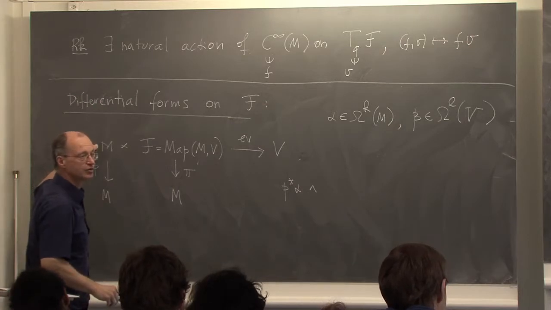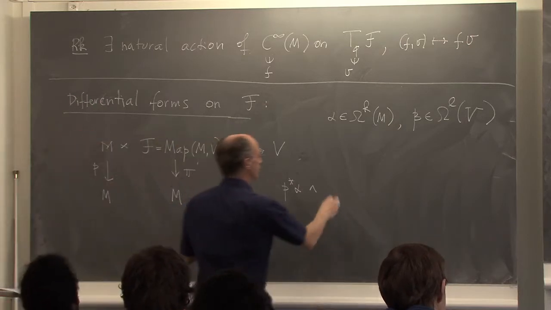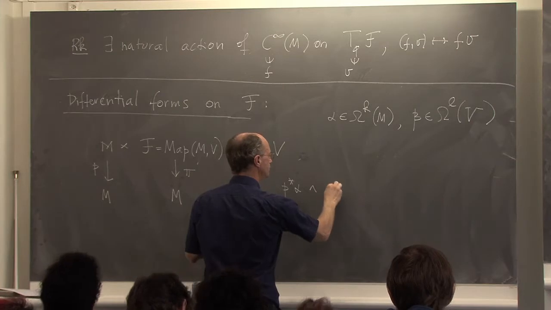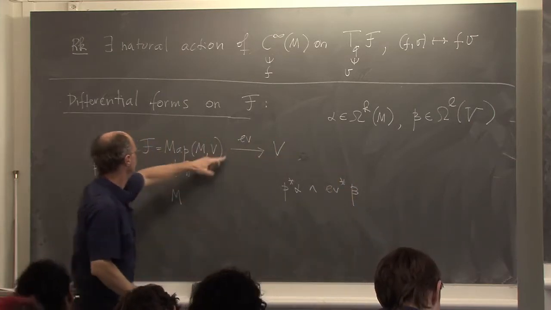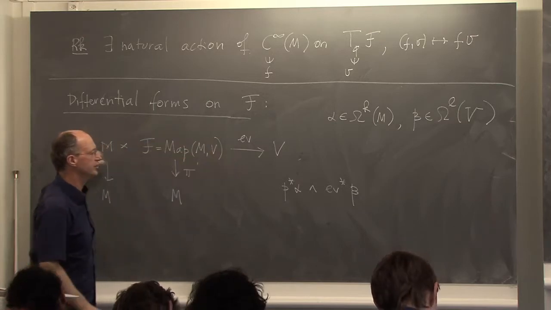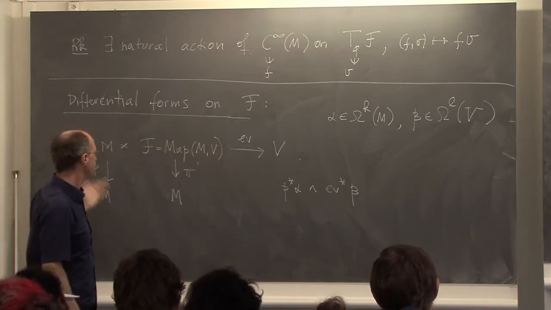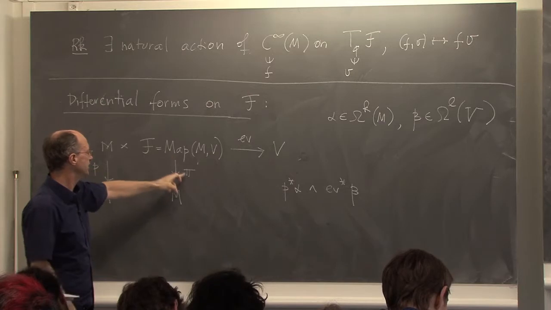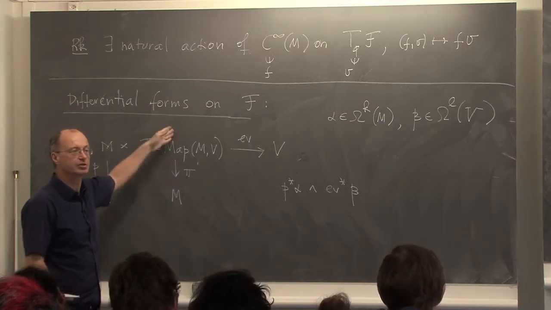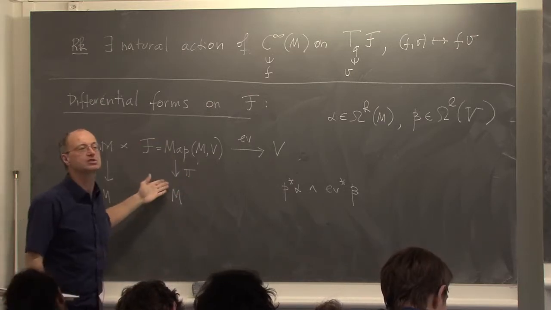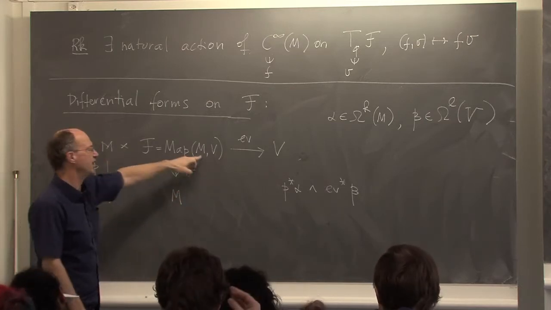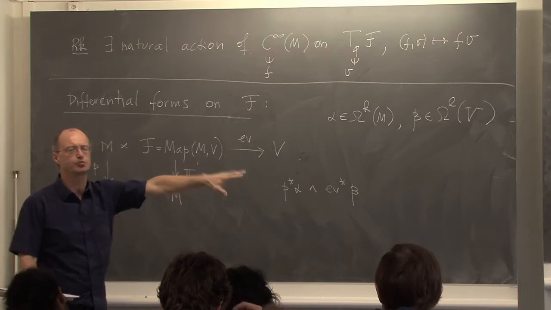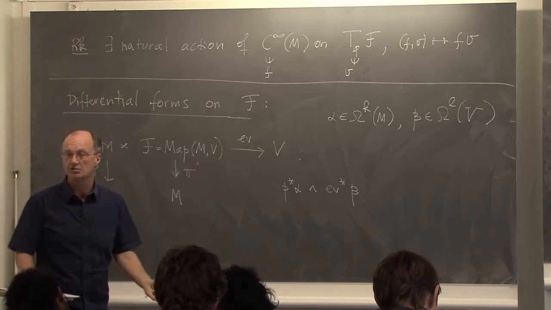So this will be a form on M, wedge the pullback of beta. So this will be a form on this whole thing. And now assume again that the pi star, that the integration works well, either because we chose the forms well, or maybe M is compact. Let's assume that the push forward, that the integration map is well defined.